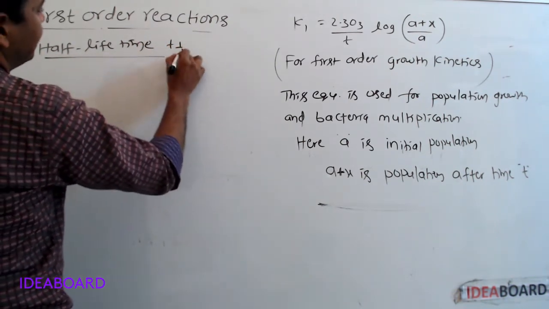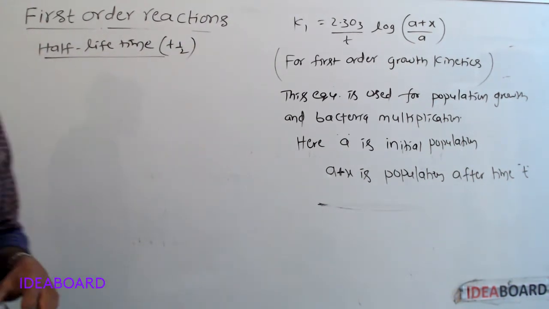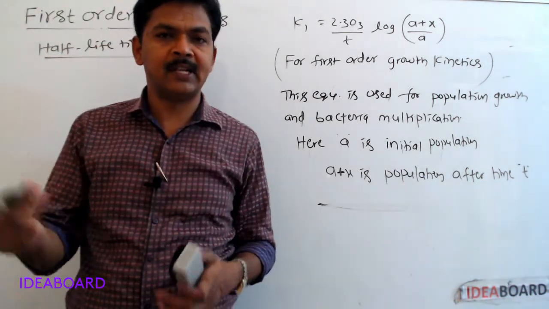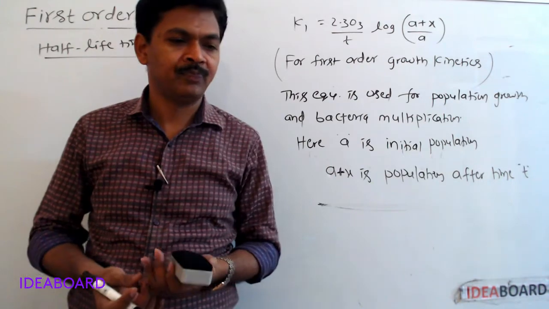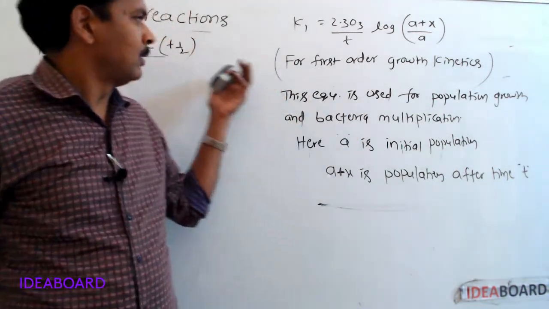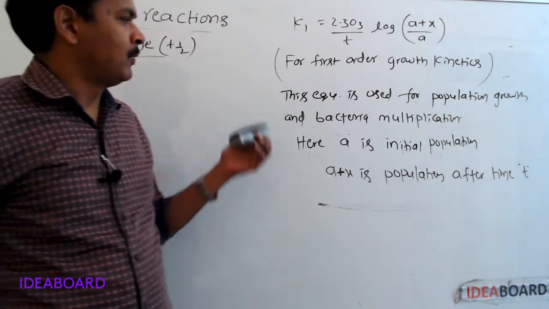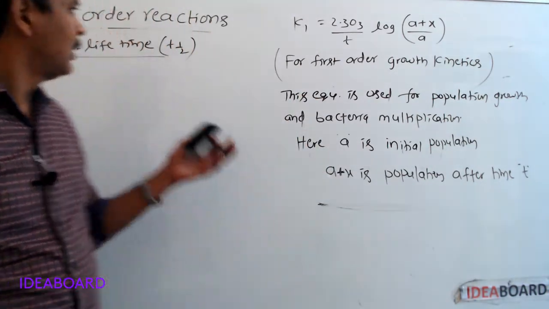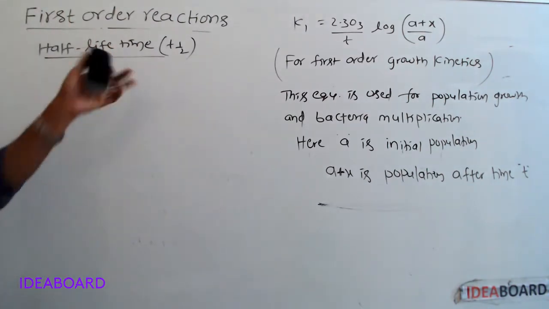Next, half-life time. Half-life time means the time required to complete half of the reaction. In zero-order reaction, I have already explained the half-life time formula: T half is equal to A naught by 2 K naught. Like that, let us calculate for first-order reaction.